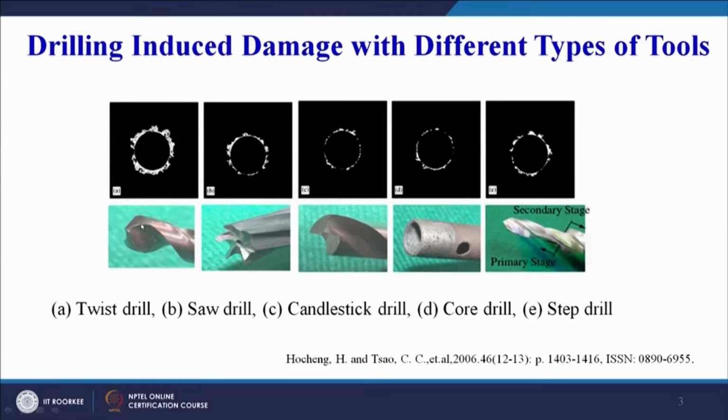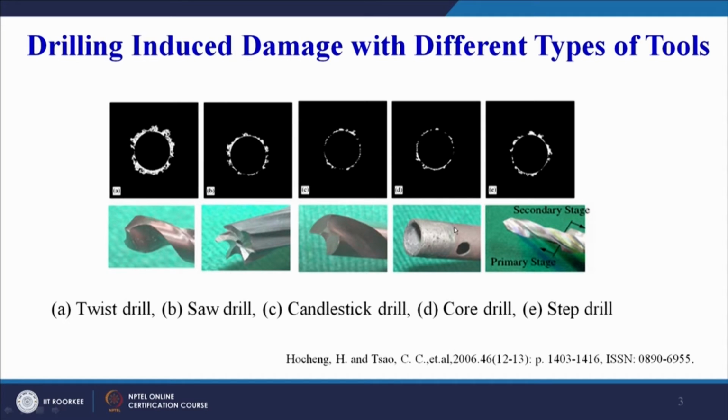The twist drill, which is the most commonly used drill for making holes in metals, results in the maximum damage around the hole, whereas the modified drill point geometries, that is the saw drill, the candlestick drill, the core drill and the step drill, all lead to lower drilling induced damage. If I visually examine, I may say that the core drill leads to the minimum damage around the hole.